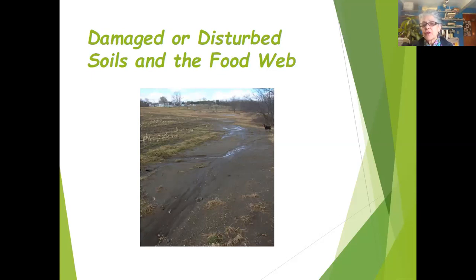Beyond the woodland edge is a large farm pond. Eventually, through the action of water, this sediment will reach the pond, and it will be carried down out of the pond through streams into larger watercourses and rivers and lakes, and eventually will make its way to Long Island Sound.